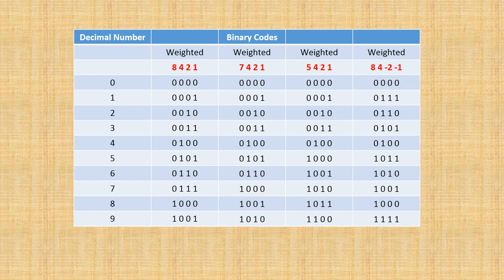For example, for decimal 1, we don't have 1 as a weight in this system, but the sum of 4, minus 2 and minus 1 comes to 1. Then we put 1 under 4, minus 2 and minus 1, getting the weight 1, and the code will be 0, 1, 1 and 1.